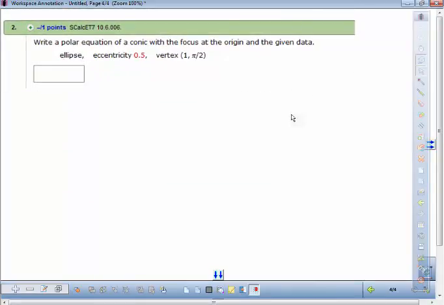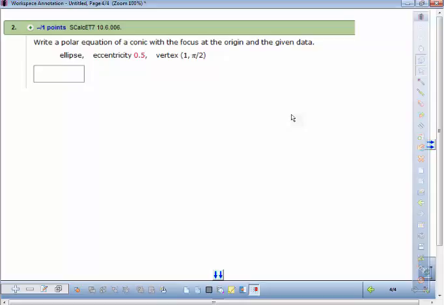Write a polar equation for a conic with a focus at the origin with the given data. We have an ellipse, an eccentricity, and a vertex. And notice the vertex is (1, pi over 2).